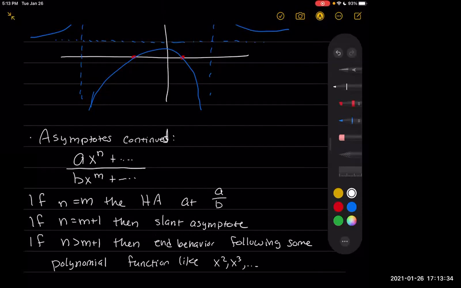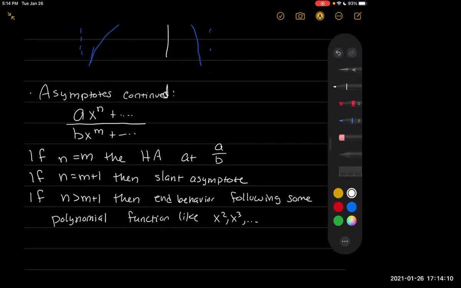So there was an example in our lecture videos for section 3.6 where the end behavior of our graph followed x squared, because when we used long division, we could find out what this function was. So this is common for when our leading term in the numerator is 2 or larger than the leading term in the denominator. And you can find out what that function is, it's like a functional asymptote almost, using long division, similarly to how we worked in our 3.6 video. So these are some of the behaviors for non-vertical asymptotes.